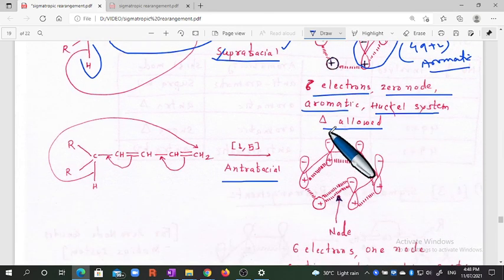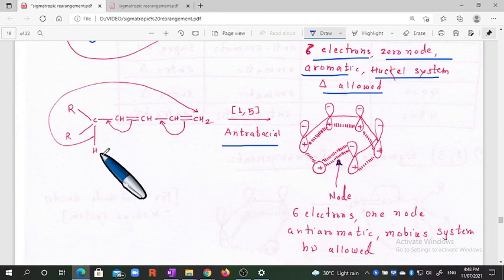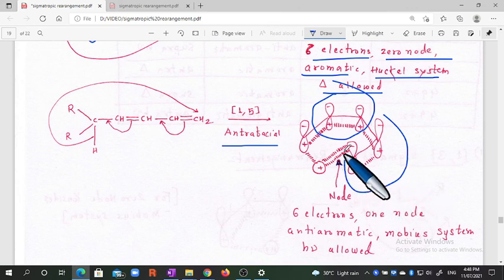The next example, the antarafacial migration of hydrogen. Therefore one node is present, and only these 2 electrons and these two, a total of 4 electrons, form the pi bonds.